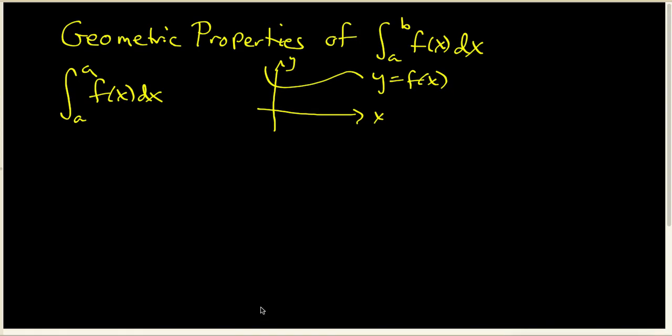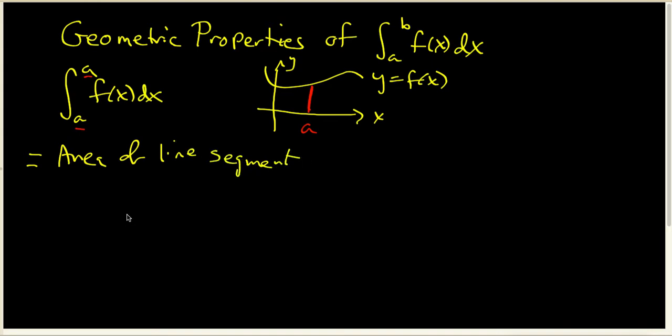Now, the fact that our upper and lower endpoints are both a basically means that I'm looking at the area of a line segment. In other words, I'm really looking at the area trapped underneath y is equal to f of x and over the line segment a to a. So this particular integral is nothing more than the area of a line segment.